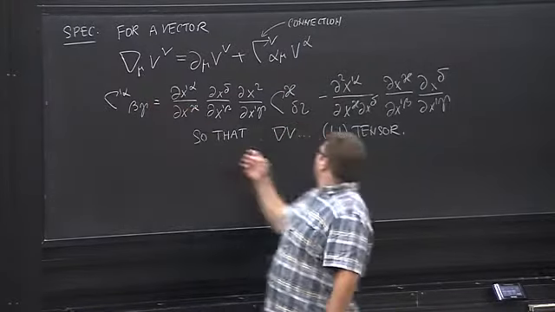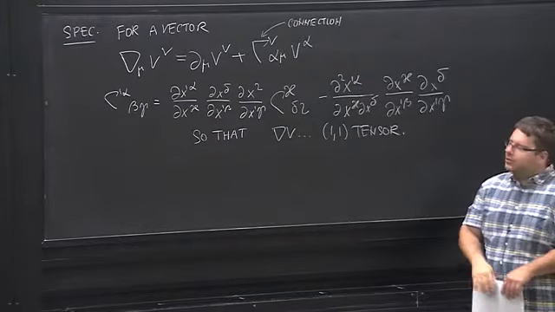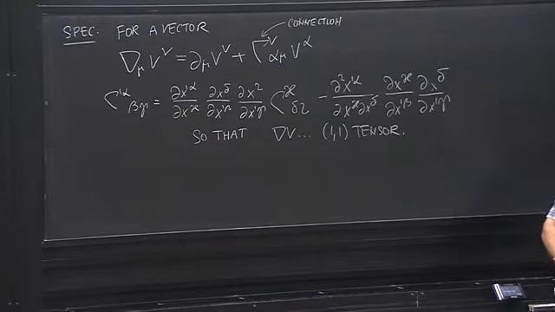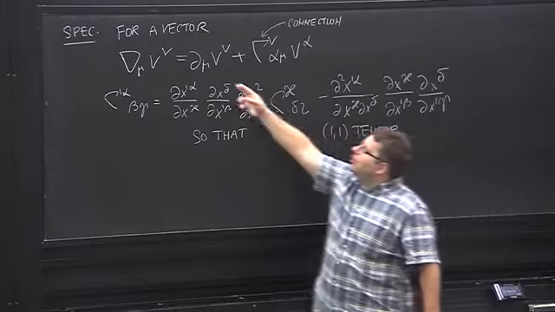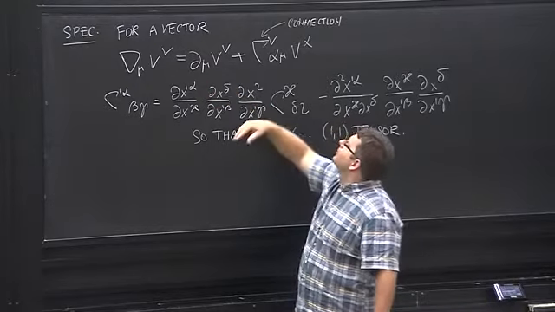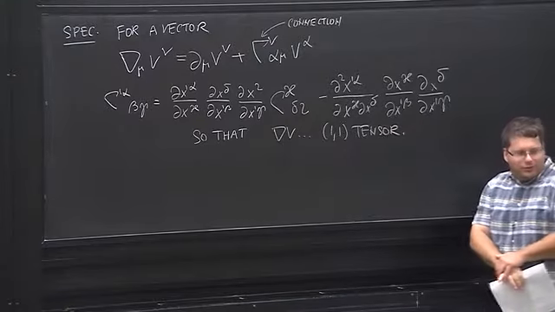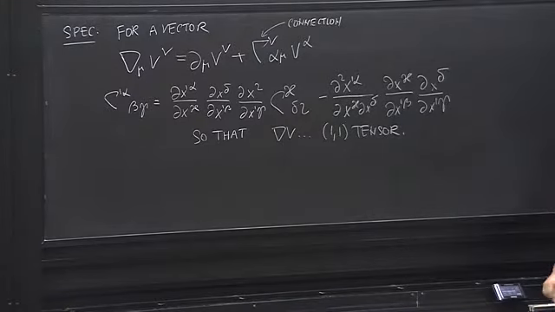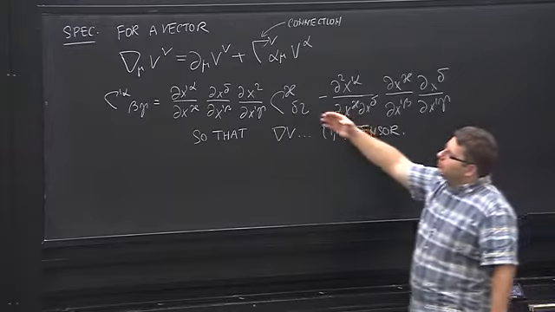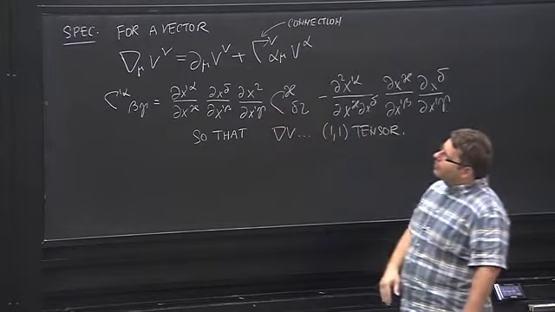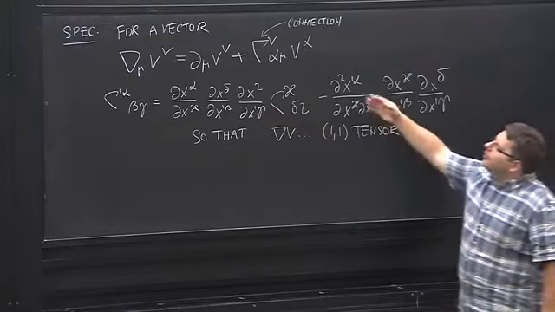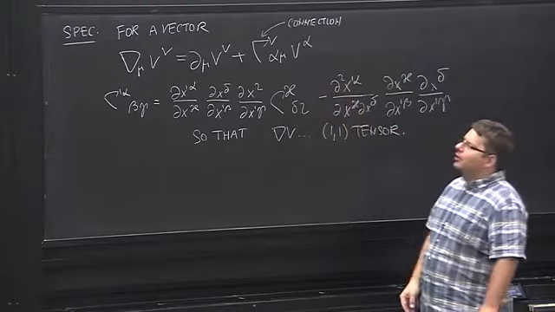So that nabla V is a (1,1) tensor. And so you know how the partial derivative of a vector transforms, and so you need to prescribe how this coefficient gamma has to transform, and this is the rule. So if your gamma transforms in this way, then this object will be a (1,1) tensor.